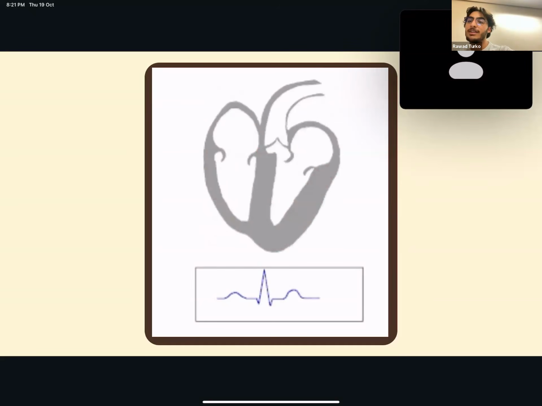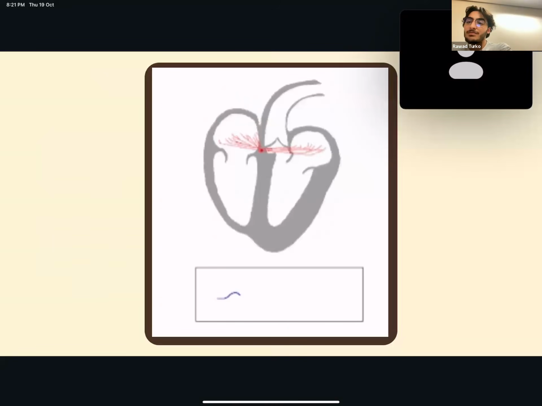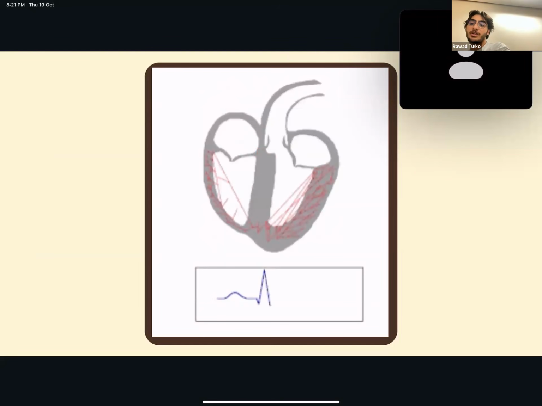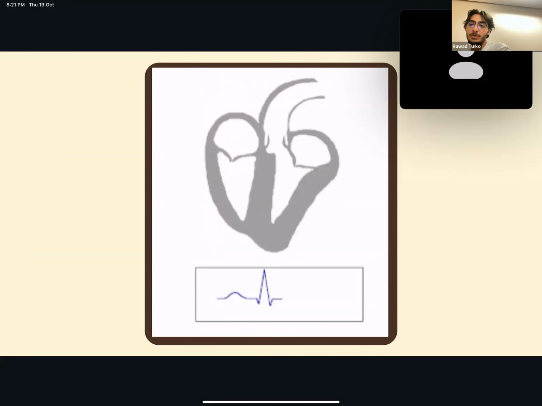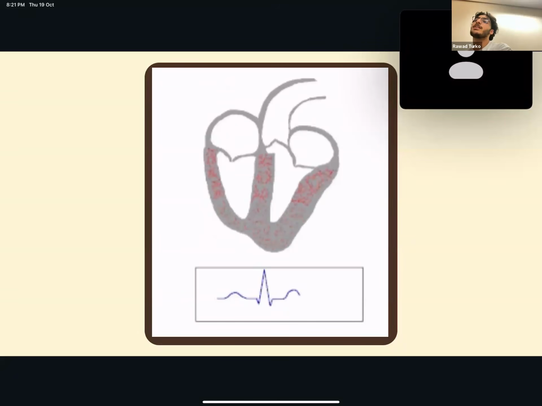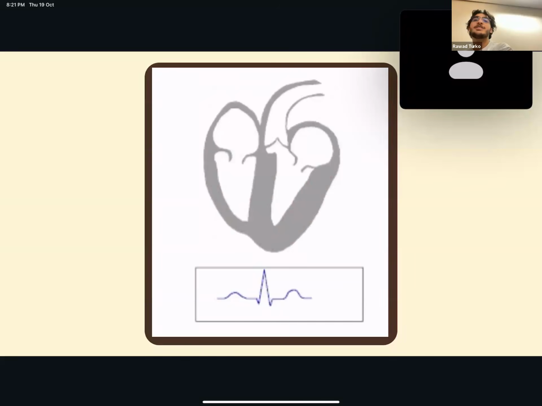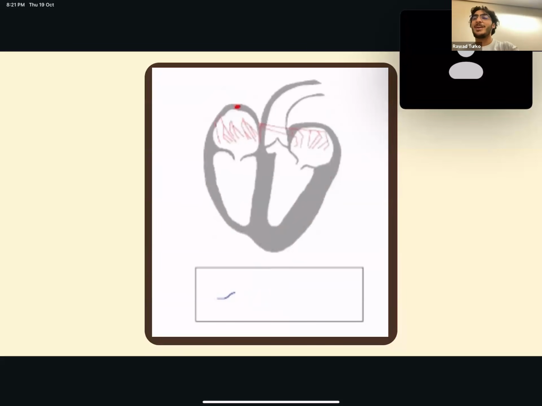I'll let that play one last time in case you want to grab the full picture. So the AV node, down the bundle of His, left and right bundle branches, then up the walls through the Purkinje fibers, and then repolarization. Now this happens every single time your heart beats. Inshallah, if you have a healthy heart, this is what should happen.